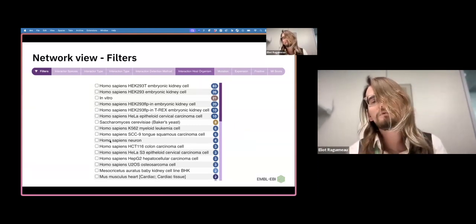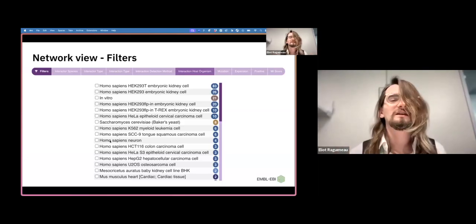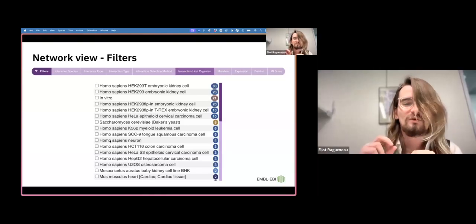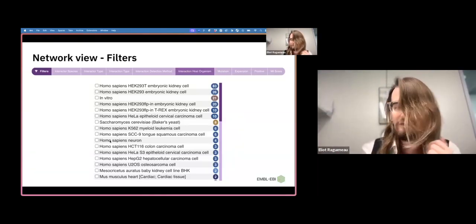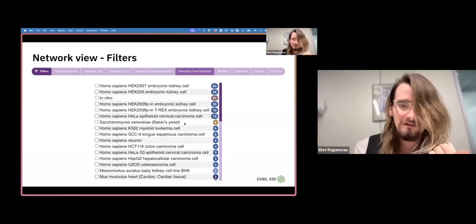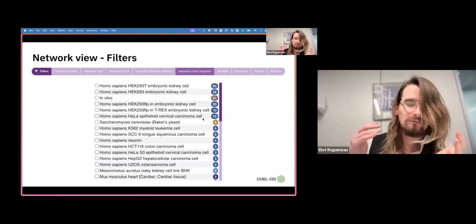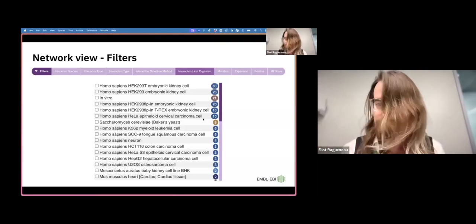So this is really helping you to give more clues on the context in which this evidence has been discovered, and filter out for things which are more relevant in your context. For instance, if you're looking at cancer studies, it might be more relevant to study the carcinoma cell lines and how proteins behave in an actual cancerous cell.